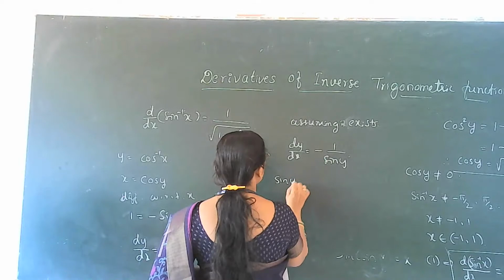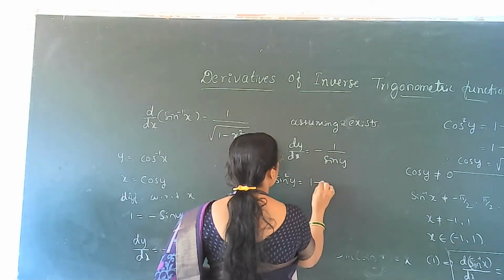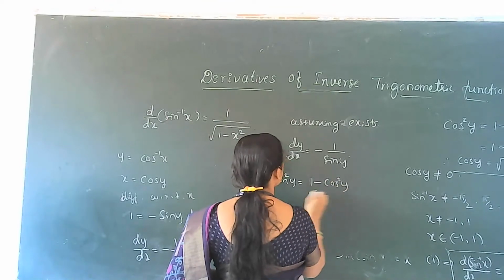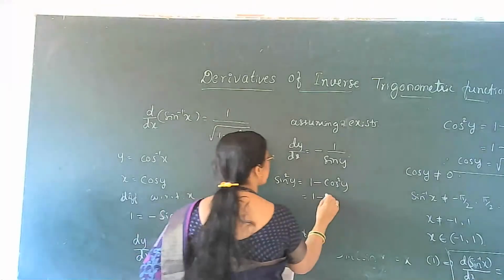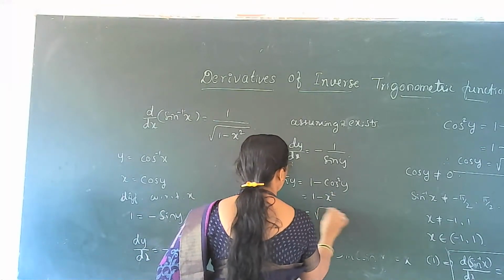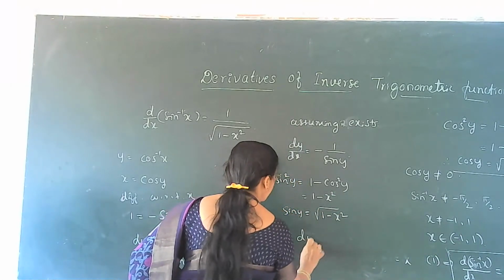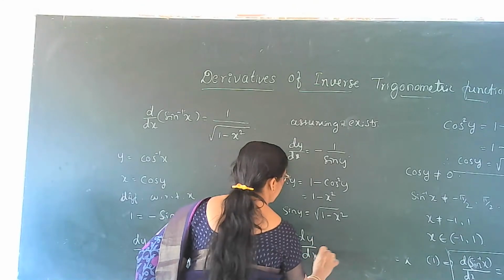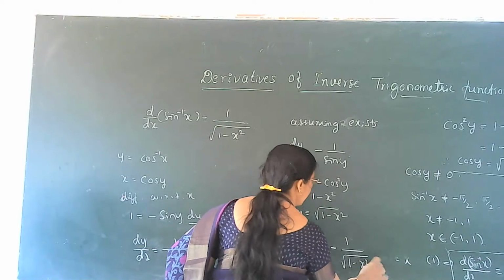Sin square y is equal to 1 minus cos square y here also. Therefore, 1 minus cos square y is equal to 1 minus x square. Therefore, sin y is equal to square root of 1 minus x square. Therefore, dy by dx is equal to minus 1 by square root of 1 minus x square.